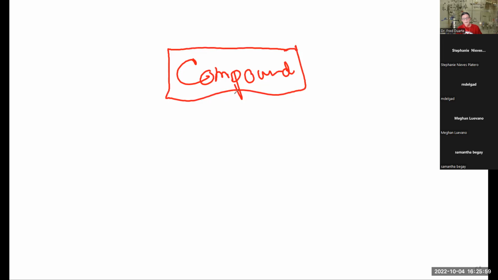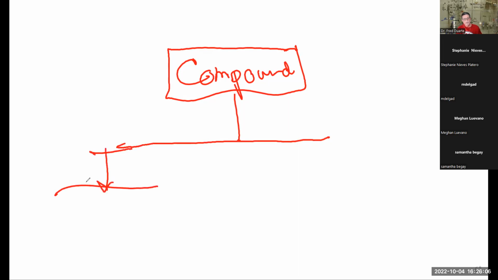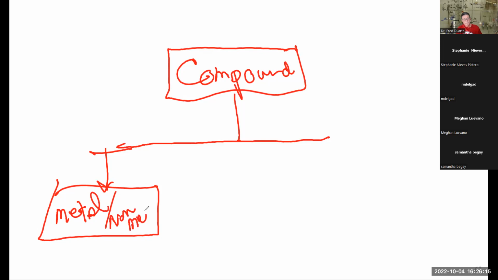Now, if that compound is made up of a metal and a non-metal, it's ionic. It's an ionic bond or ionic compound.